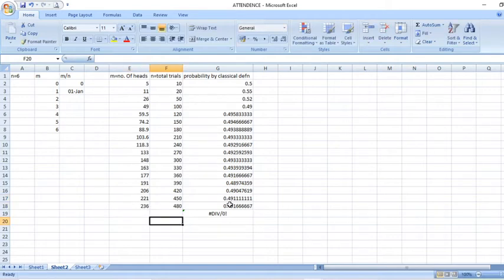Okay, you can observe that this number is converging to 0.499. It is going near to 0.49.